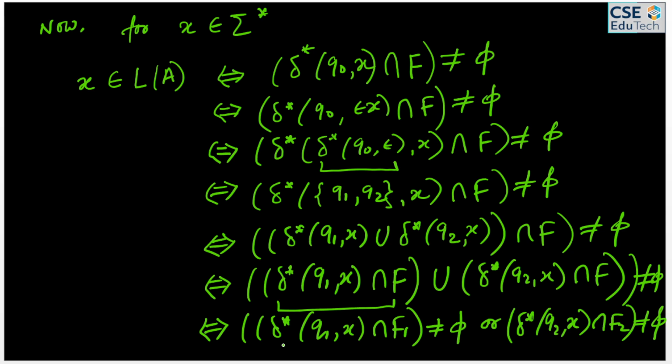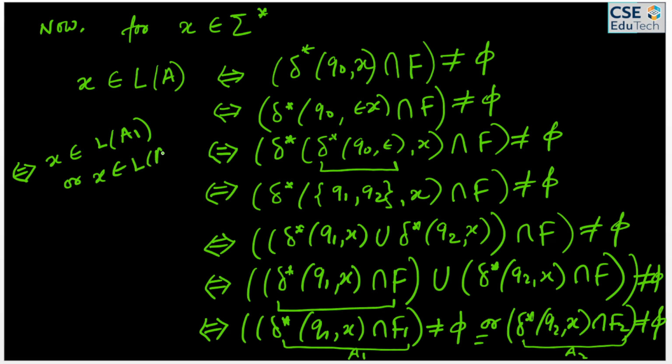So what is the meaning of this? That means after processing X, starting from Q1, if we make an intersection with the final states, these are with respect to automaton A1, and the other is with respect to automaton A2, and there is an or. So it implies that X belongs to the language accepted by automaton A1, or X belongs to the language accepted by automaton A2.